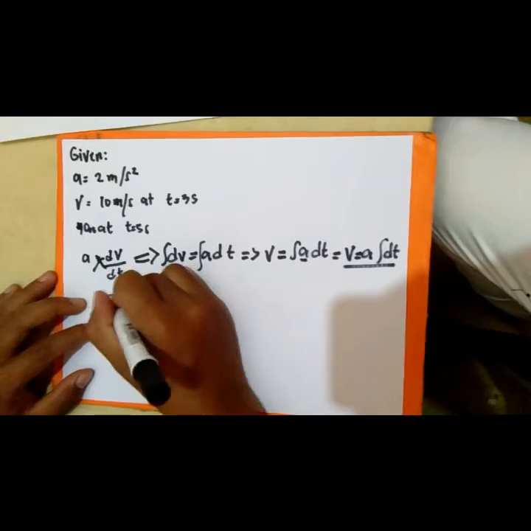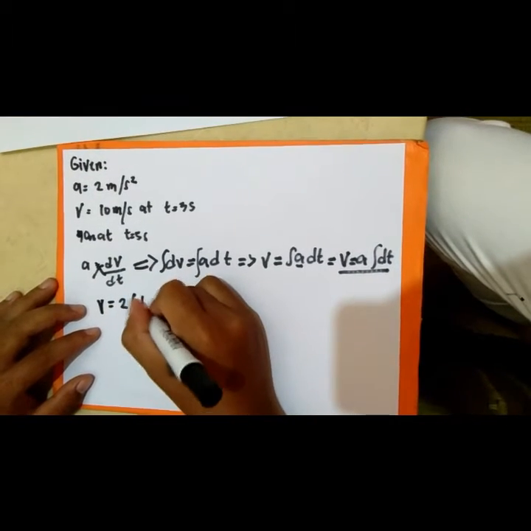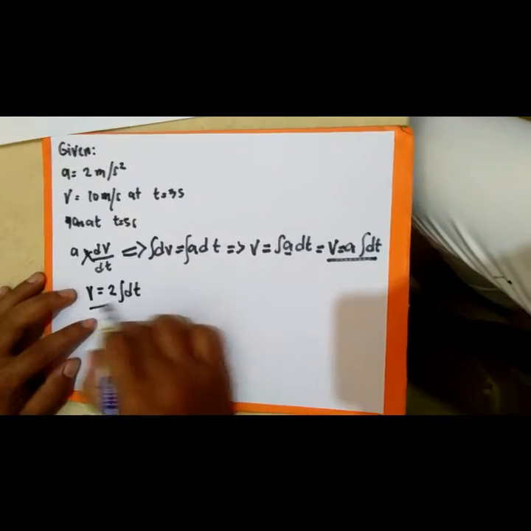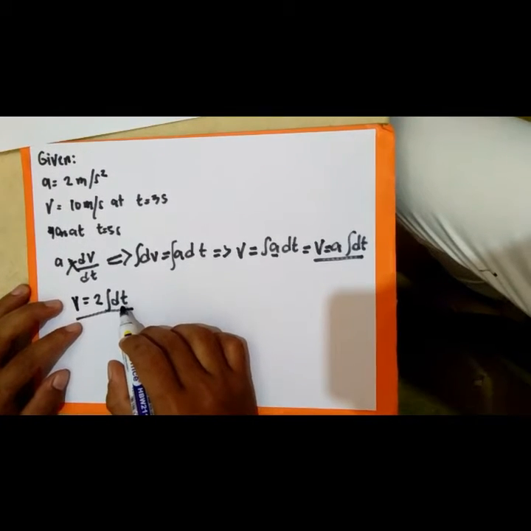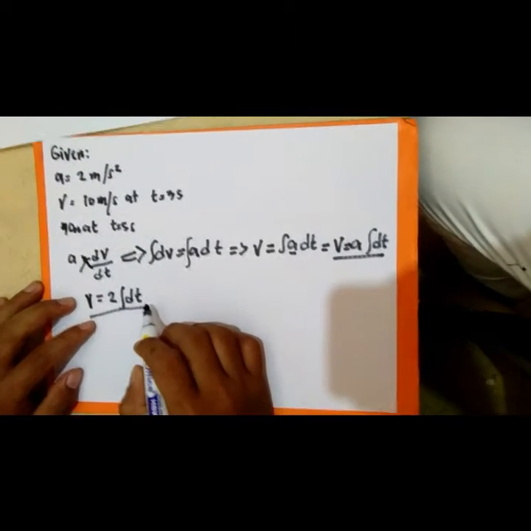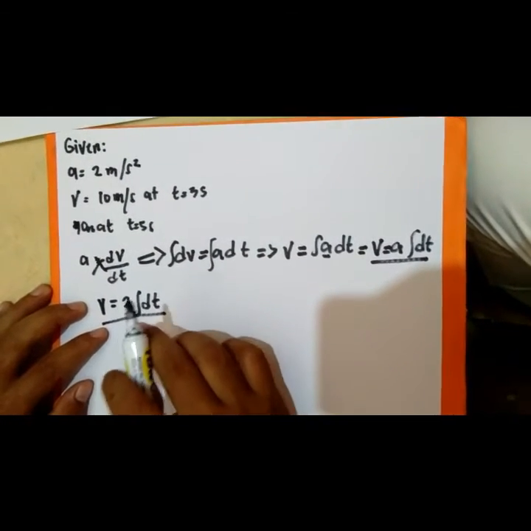So we now have v equals 2 times the integral of dt.